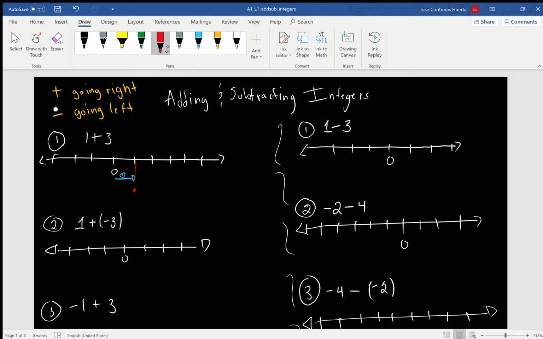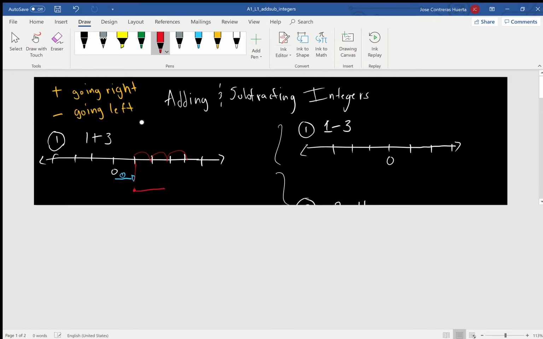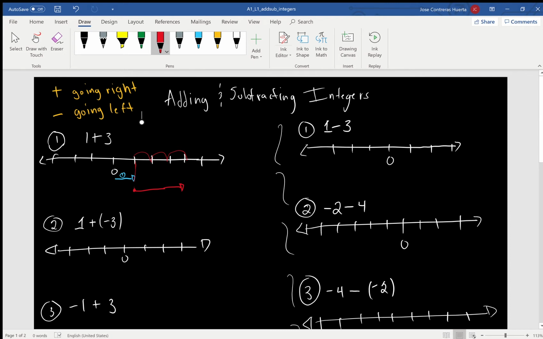That means I have to go an extra 3 steps. So 1, 2, 3. Notice that I started from where the first number left me. So that's going to give me my final result: 1 plus 3 is equal to 4.